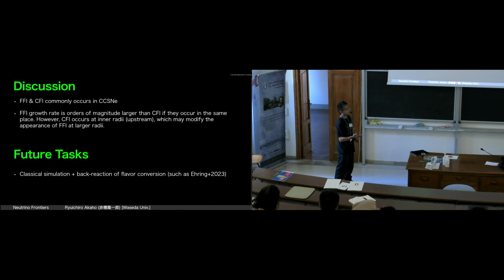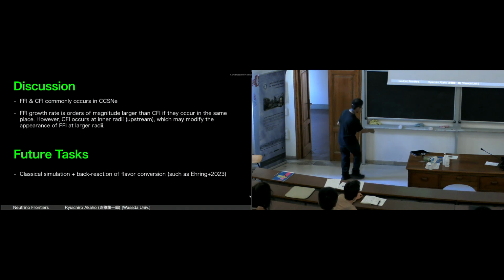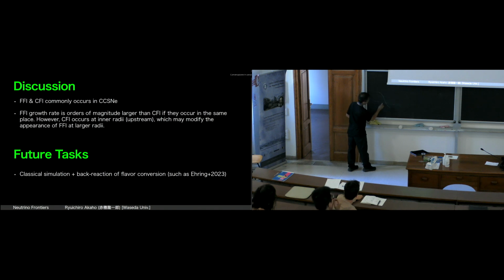For example, as maybe what's shown in Sajat's slides, if you have a crossing like this, we can simply remove this part, and in order to conserve the lepton number, we can simply increase this part or impose it to the new x.